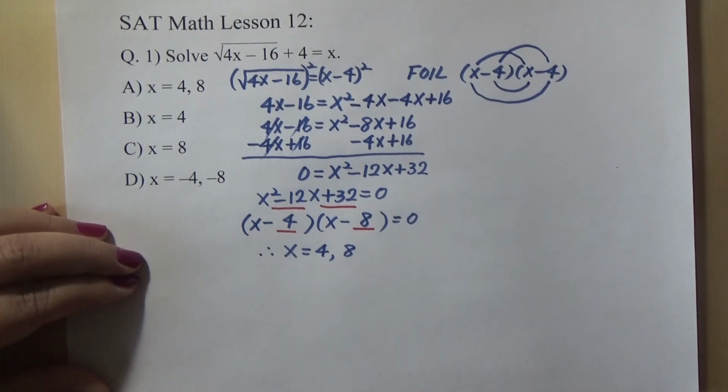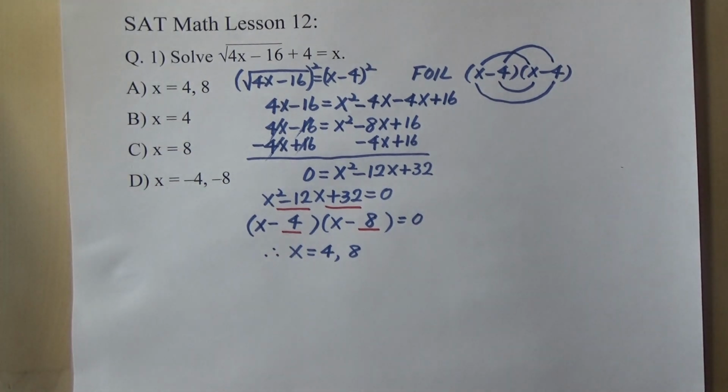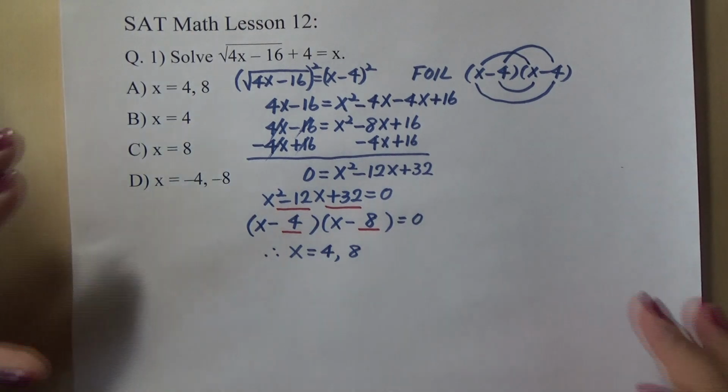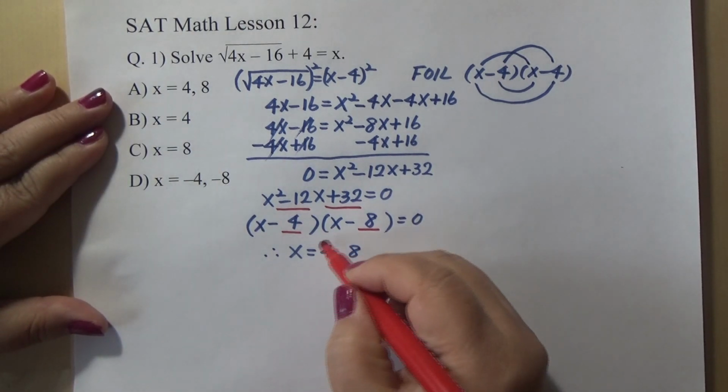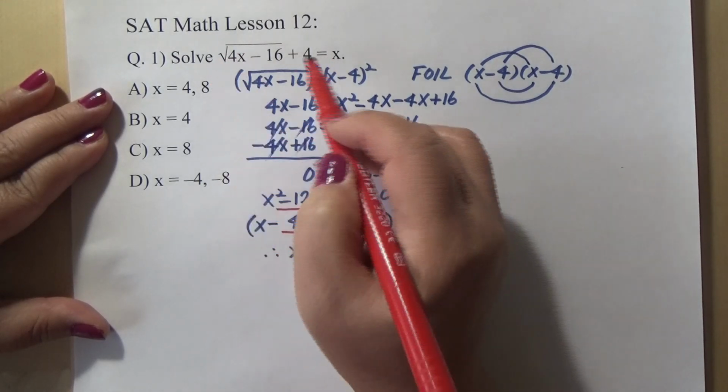But this is radical equation. So radical equation, we always have to check the answers, okay? Check the answers. So we have to plug 4 into x in this equation.